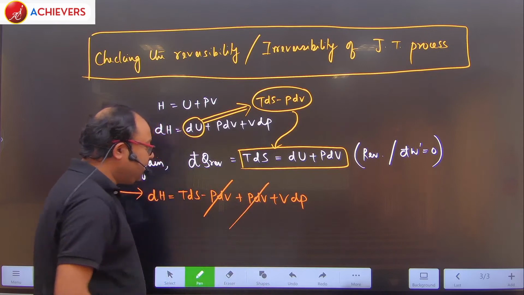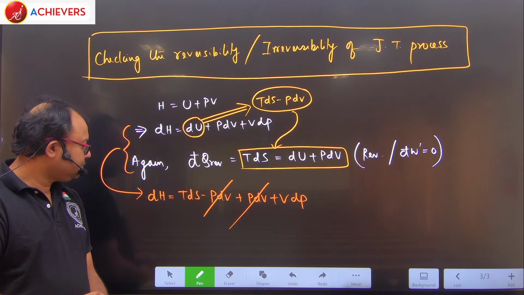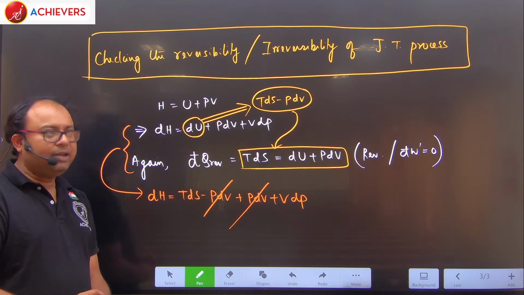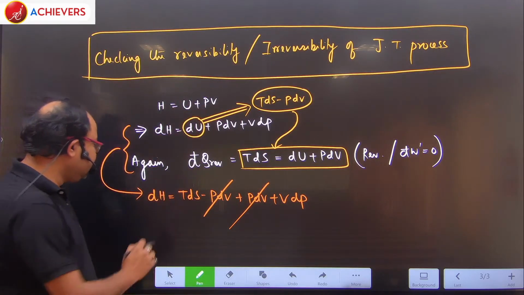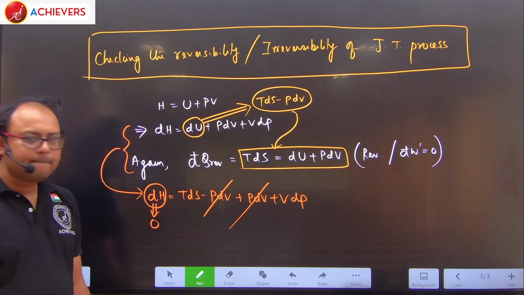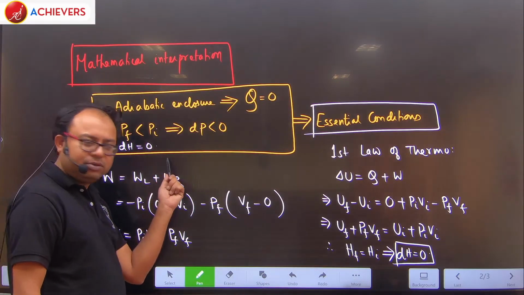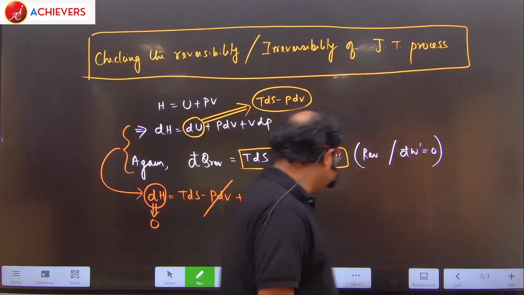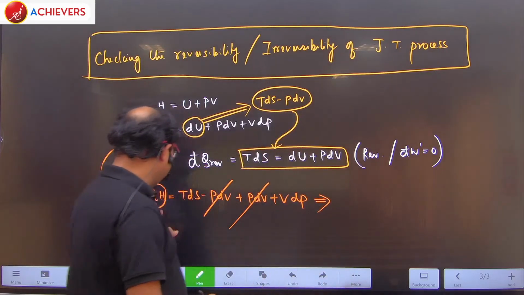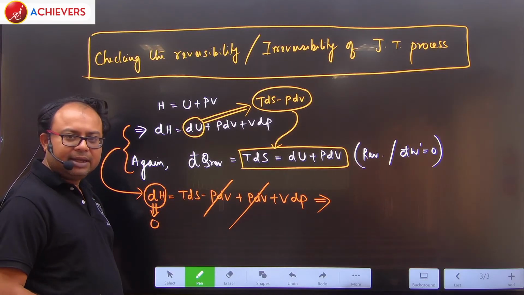Now these two PdV terms will get cancelled out. And also we know that for the Joule-Thomson process, dH is equal to 0. We have already proved this. So on substituting, we get TdS equal to minus VdP.